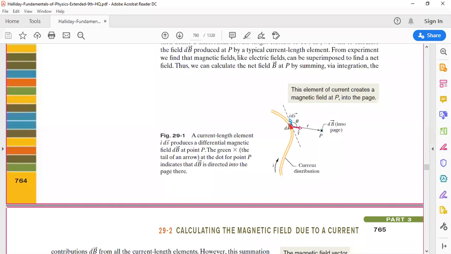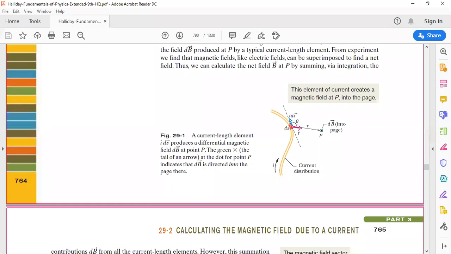You can see that this is an irregular shape wire. So to keep the calculation simple, we take a very small segment, a portion of the wire over which the direction and length of the wire is straight.